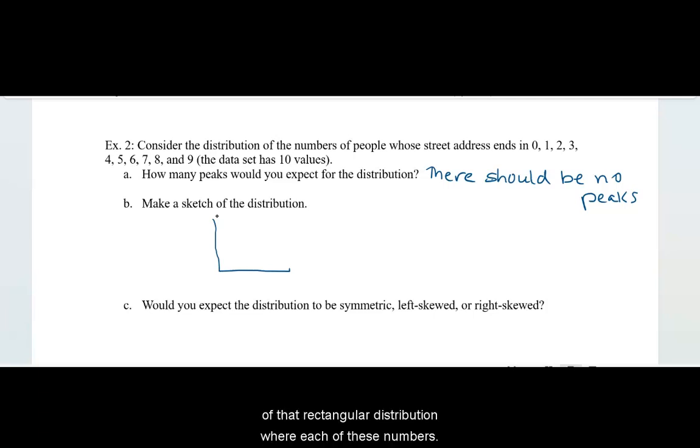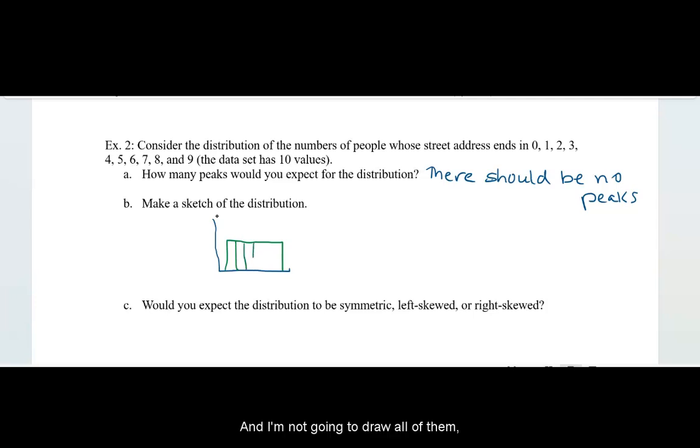We would expect to see more of that rectangular distribution where each of these numbers, and I'm not going to draw all of them, but you can see my point. You would go all the way up from 0 to 9, but we would expect all of them to have an equally likely frequency. Actually, we go back to probability, and equally likely probability as well.